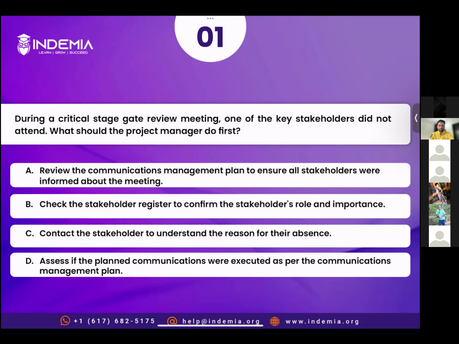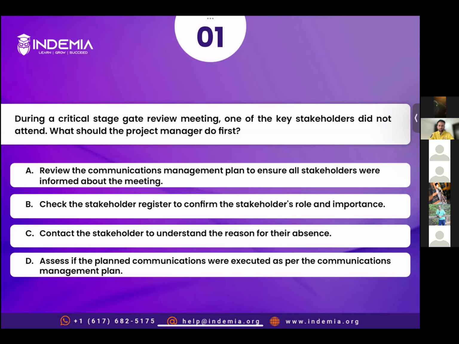Option A, review the communications management plan to ensure all stakeholders were informed. The communication management plan does not have detail about actual execution of communication. It's a plan, right? If you want to know if communications have been planned or not, then the communication management plan is the right document, because it's just a plan. It doesn't talk about execution. So option A and option D both are discussing execution of communication.